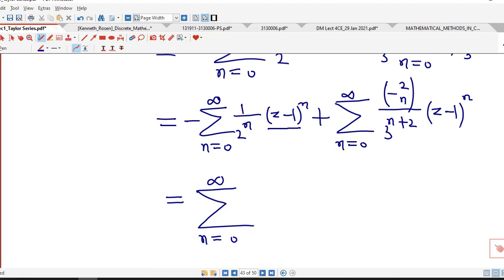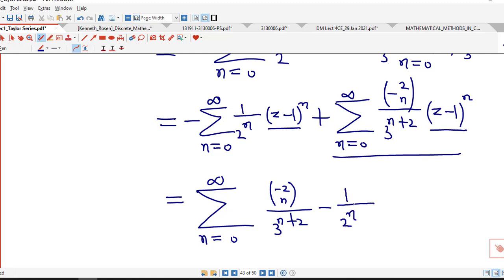So we collect the coefficients of (z minus 1) raised to n. In this second series we have minus 2 C n divided by 3 raised to n plus 2, and here the coefficient is 1 over 2 raised to n, times (z minus 1) raised to n.